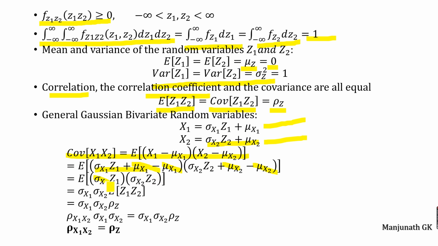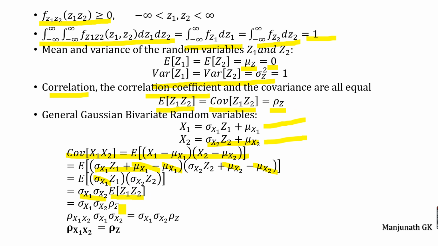And rho of x1 and rho of x2 are constants. Take them outside. The remaining terms are the correlation of z1 and z2. We know that the correlation of z1 and z2 is equal to the covariance of z1 and z2, which is also equal to the correlation coefficient.